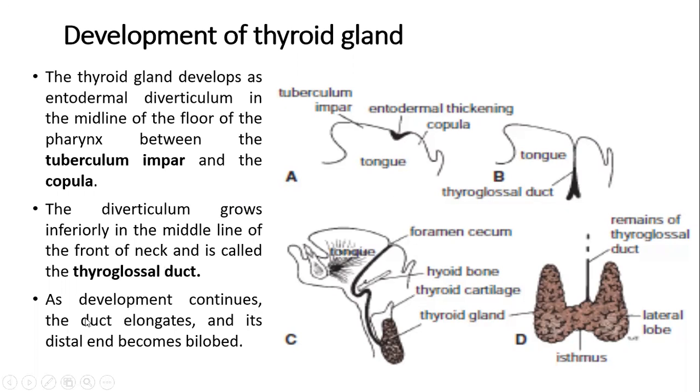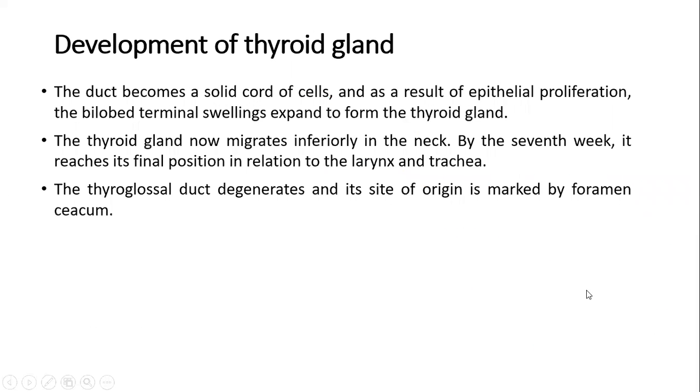As development continues, the duct elongates and its distal end becomes bilobed. So as it elongates, the distal end becomes bilobed and it goes all the way to the neck and starts developing. Then these remnants of the thyroglossal duct disappear. The duct becomes a solid cord of cells. As a result of epithelial proliferation, the bilobed terminal swelling expands to form the thyroid gland.